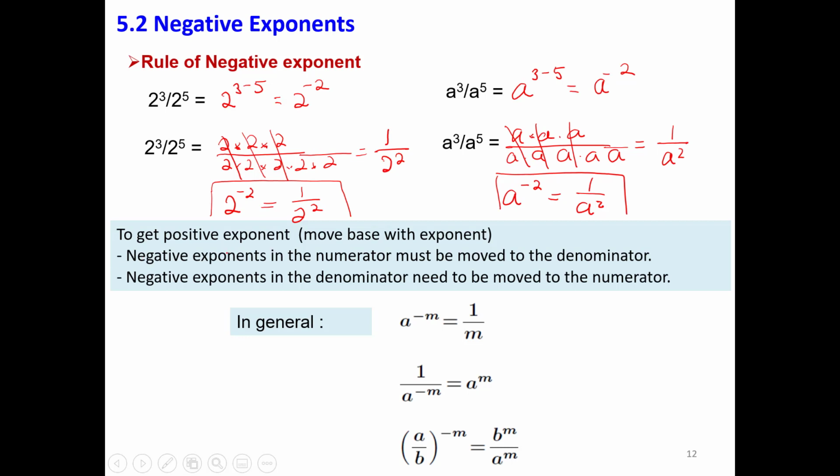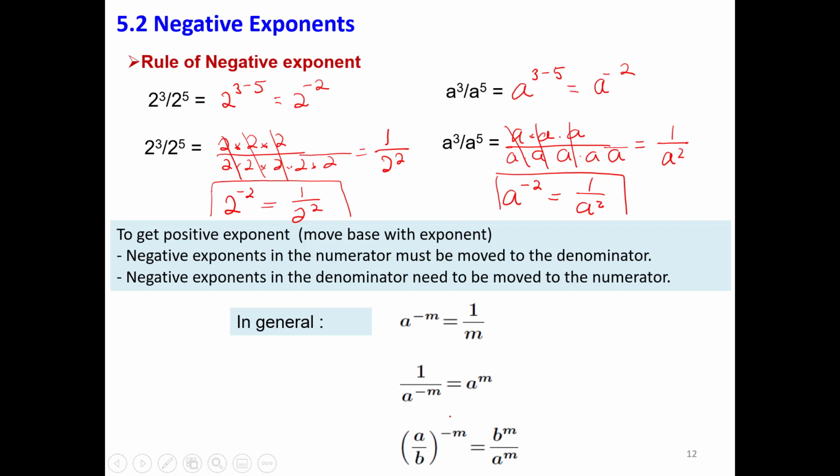If we have a negative exponent in the numerator, we need to move this one to the denominator, changing the sign of the exponent. If we have a variable, it is the same thing: a negative exponent in the numerator moves into the denominator to get a positive exponent.